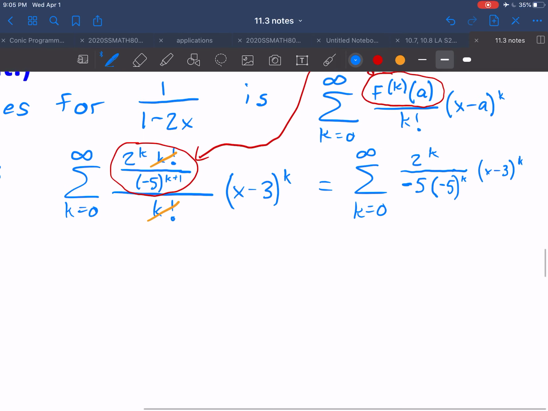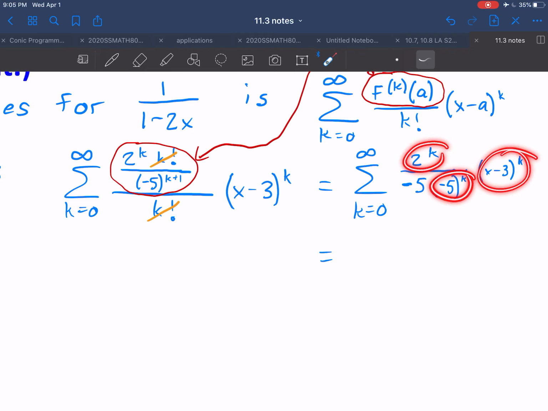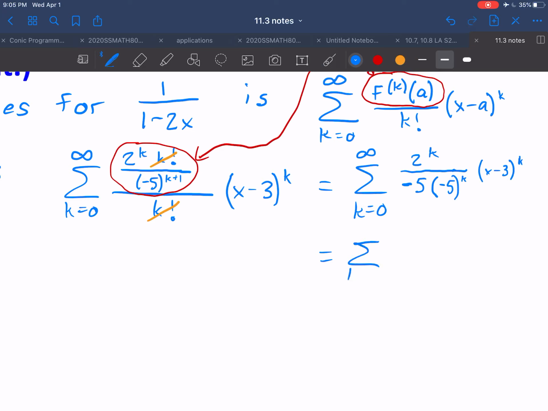And so we could rewrite all of this. Since we have a lot of things that are raised to the k power, notably we have a 2, a negative 5, and this (x minus 3) to the k, we can just combine all of that together and get the sum from k equals 0 to infinity of negative 1/5 times (2 over negative 5 times (x minus 3)) raised to the k power.